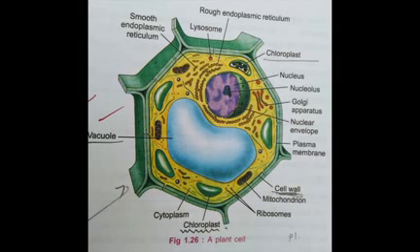Now, the main functions of vacuoles: they help to produce turgidity and rigidity of the cell. It also acts as a storehouse of pigments and waste products, as well as useful minerals and salts.